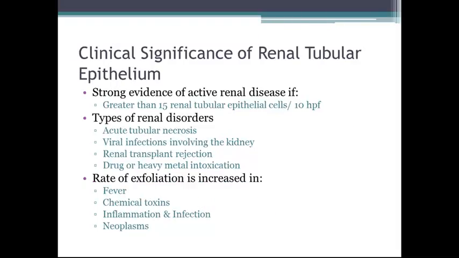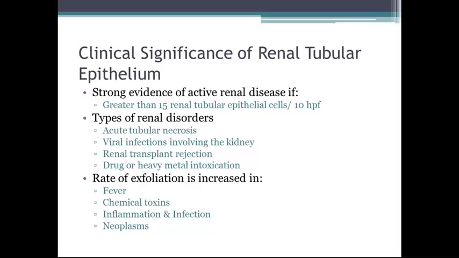Renal tubular epithelium is strong evidence of active renal disease if there are greater than 15 renal tubular epithelial cells per high power field. Types of renal disorders include acute tubular necrosis, viral infections involving the kidney, renal transplant rejection, and drug or heavy metal intoxication.